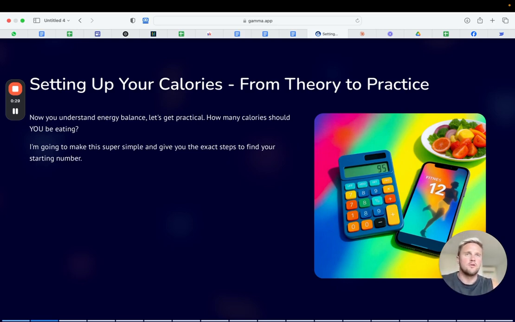And from that start point, we'll use a number of different methods to test and learn if you're making progress. So ideally, I like people to start off with a baseline calorie amount.